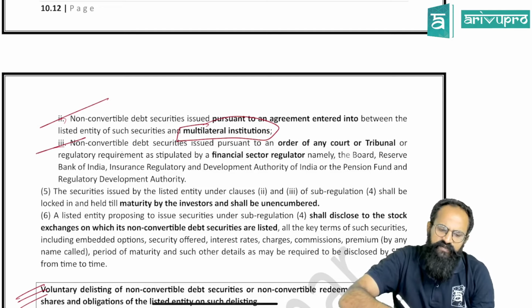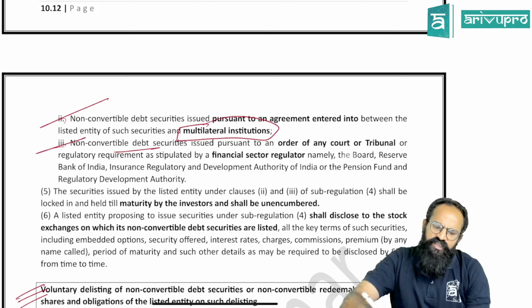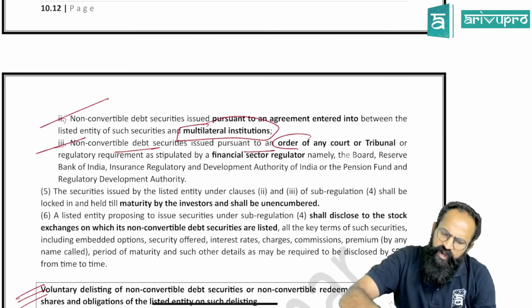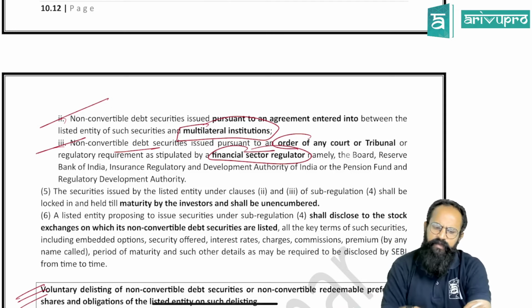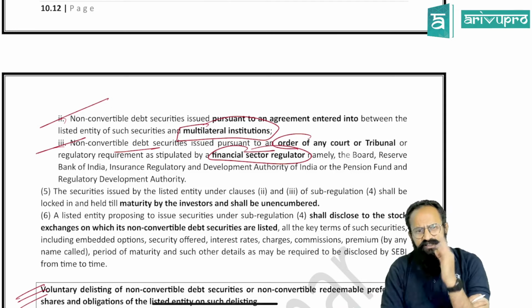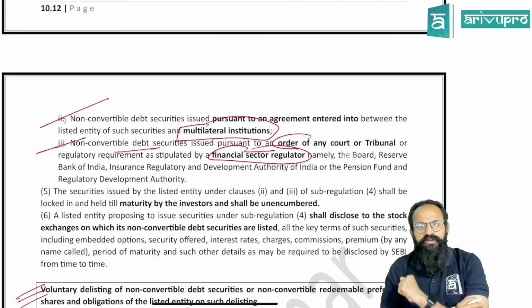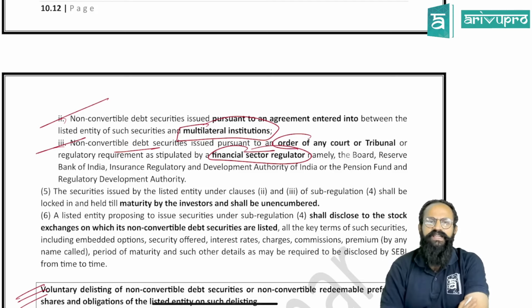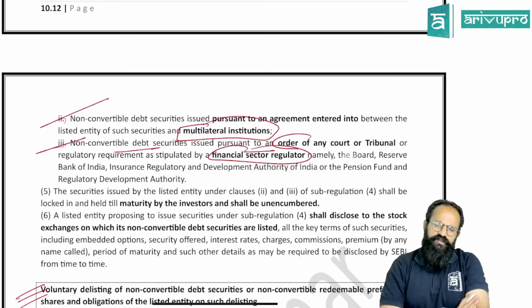Next one, non-convertible debt securities issued pursuant to an order of any court or any financial sector regulator. Meaning, sir, I've given the non-convertible securities to any person based upon the order of the court or tribunal or any financial service regulator. Who is a financial service regulator?